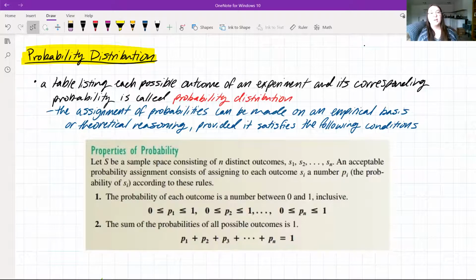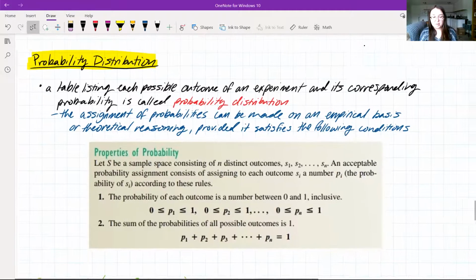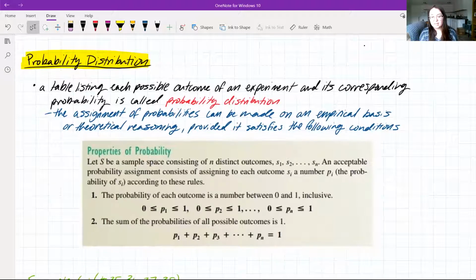Empirical basis would be based on our past experiences or past data, while theoretical reasoning would be things like rolling dice and cards, because we can think about those theoretically pretty easily. Empirical basis is hard data that we would have to work with. So the assignment of these probability distributions can be either empirical or theoretical. They just have to satisfy these following conditions.